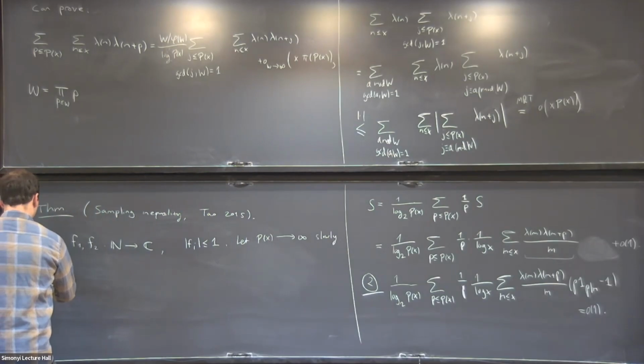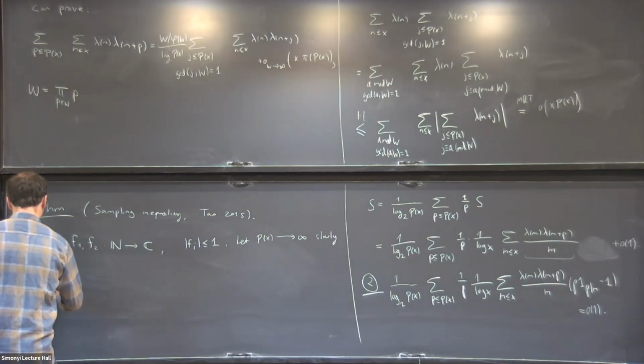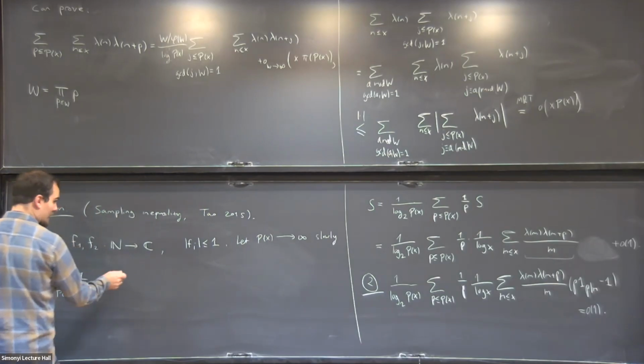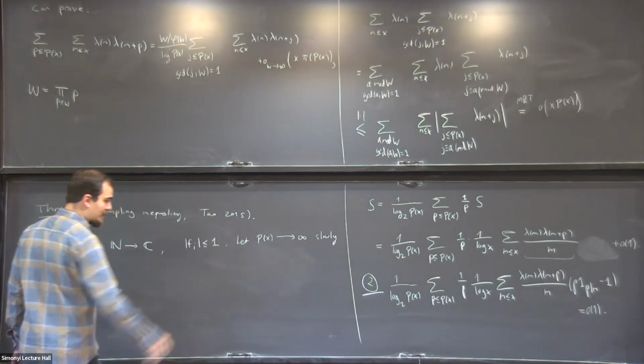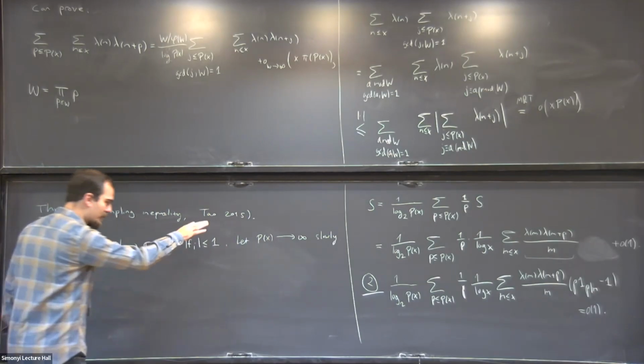So then, if you look at a similar average, but you just replace the Liouville function by f1 and f2 in the two occurrences.